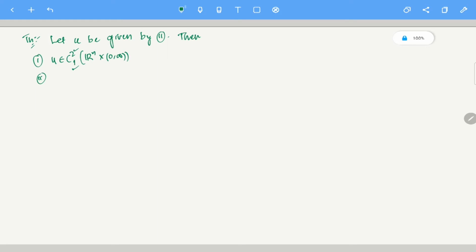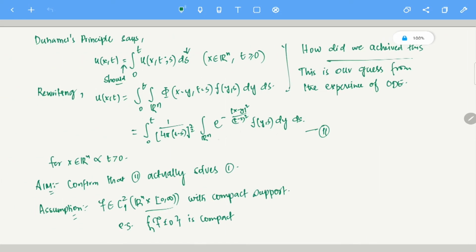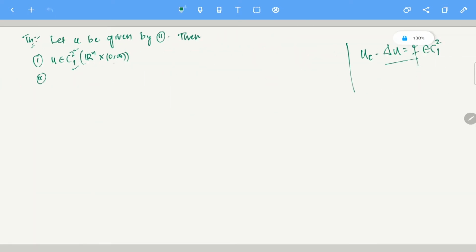What it is saying is, if you are taking f with compact support, twice differentiable with respect to x and once differentiable with respect to t, and if you remember the equation is u_t minus Laplacian of u equals f, then the u which you get by 2 is in C^2,1 of Rn cross 0 to infinity.